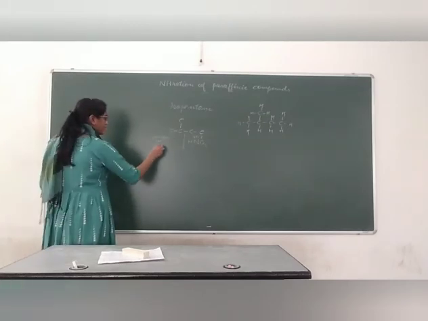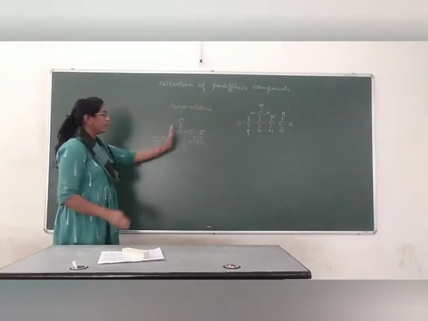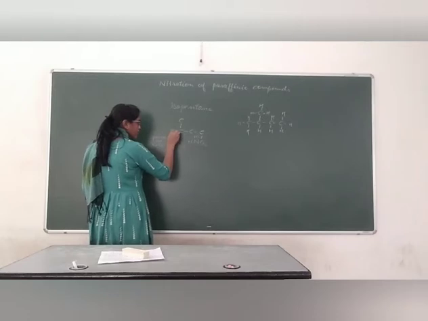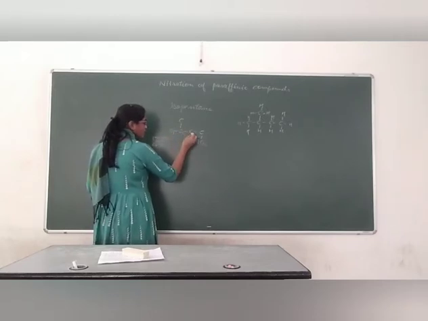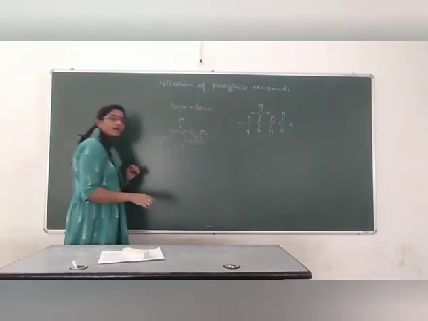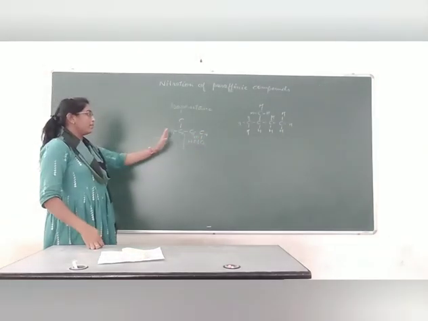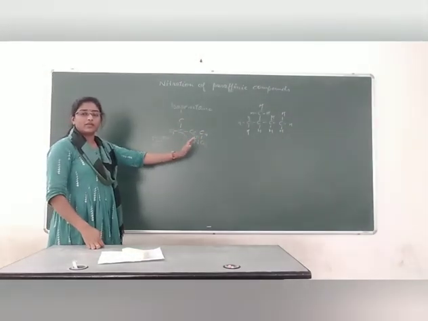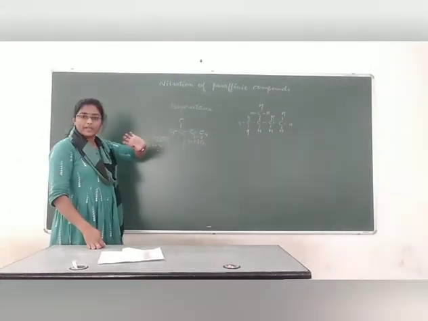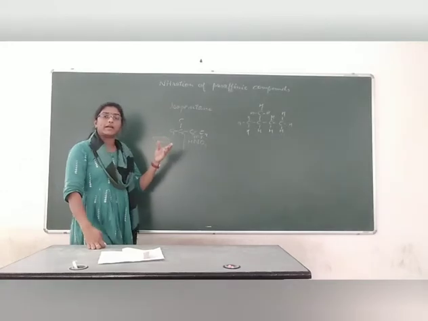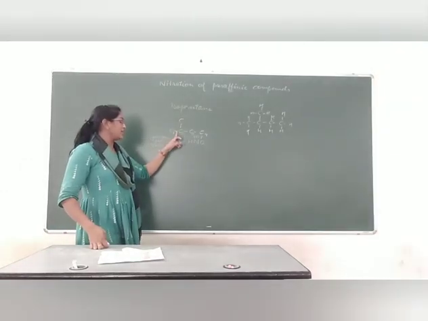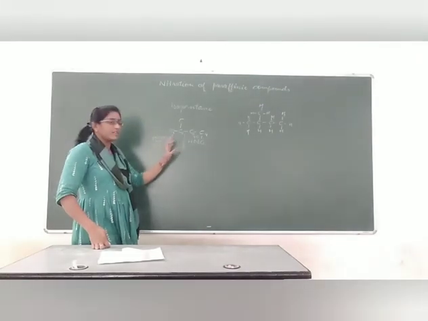If this bond breaks, this is carbon number 1, this is 2, this one is carbon number 3 and this one is carbon number 4. So one by one we will write all the isomers of this isopentane created by the nitration process, right? So first of all I am taking the example of fission between C1 and C2.